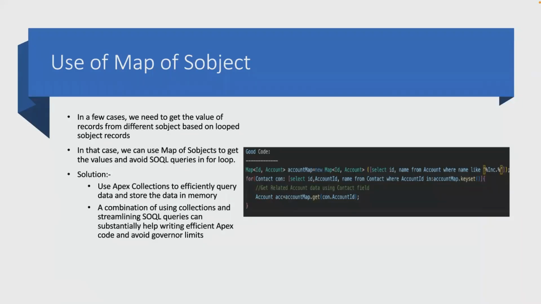Next is using a map of sObject. Map as a collection is very important while coding.